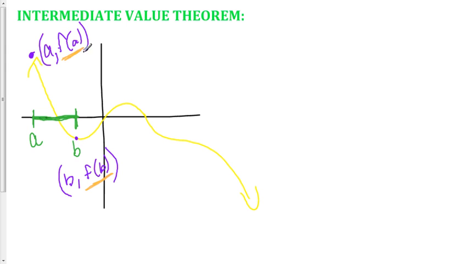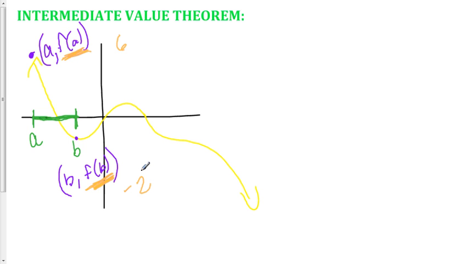If those are not the same values, then the function has to take on every value between this and that. So if this is 6, and this is a negative 2, at some point, if you're following this path, you have to go to every value between 6 and negative 2.